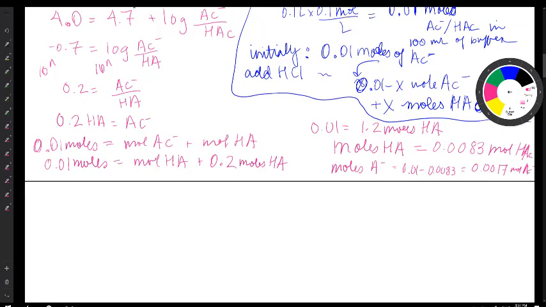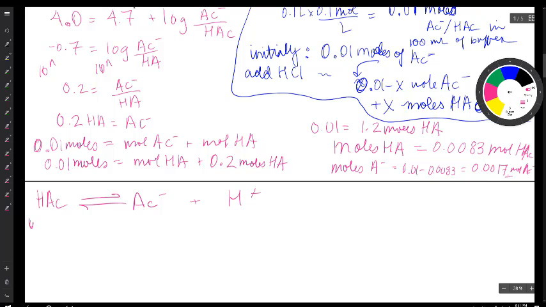Okay, so we just did this. We used the ratio of acetic acid to acetate at our desired pH to figure out the amount of moles of acetic acid and the amount of moles of acetate that we need to achieve the pH of 4. So now, again just to review, we write this reaction here, with H plus.